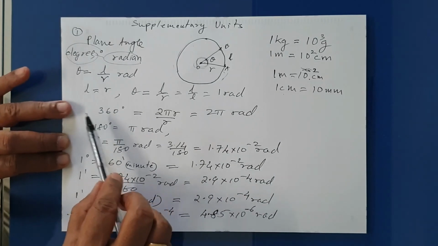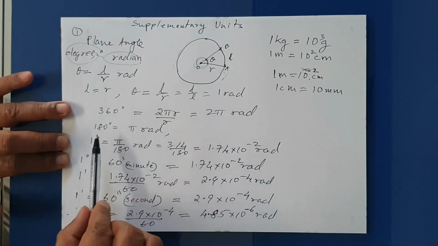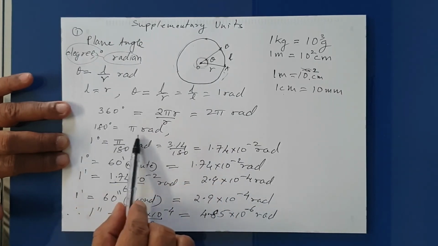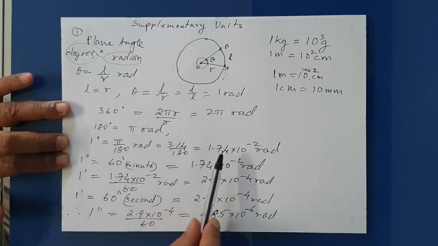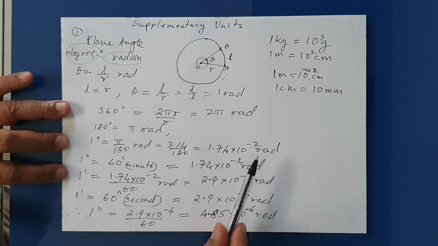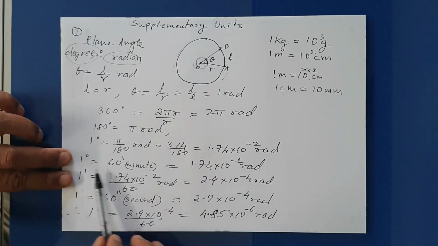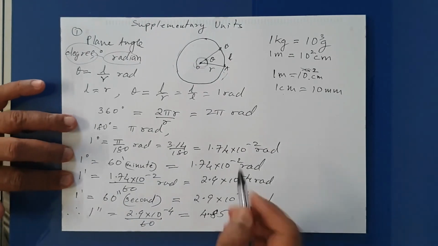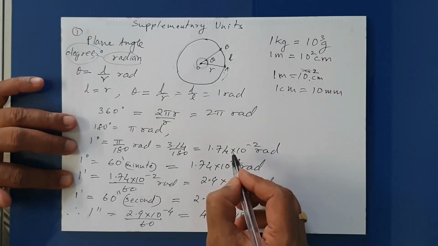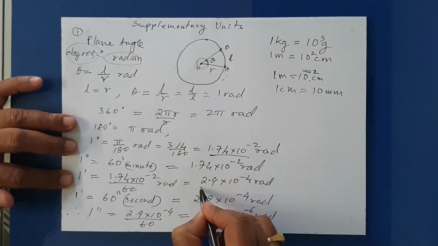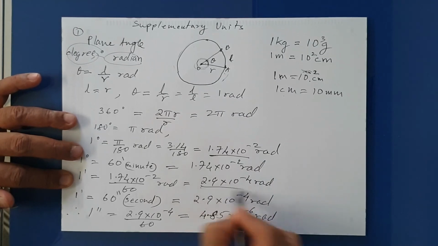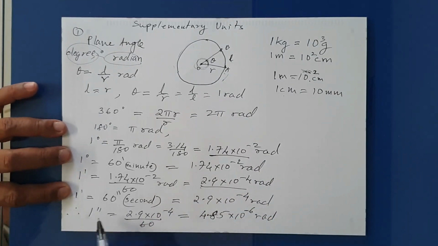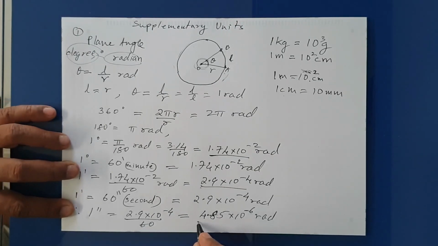We established the relation between degree and radian: 360 degree is equal to 2 pi radian, that is 180 degree equal to pi radian. 1 degree is equal to 1.74 into 10 raised to minus 2 radian. 1 degree is further divided into 60 minutes, and 1 minute is equal to 2.9 into 10 raised to minus 4 radian. 1 minute is again divided into 60 seconds, and 1 second is equal to 4.85 into 10 raised to minus 6 radian.